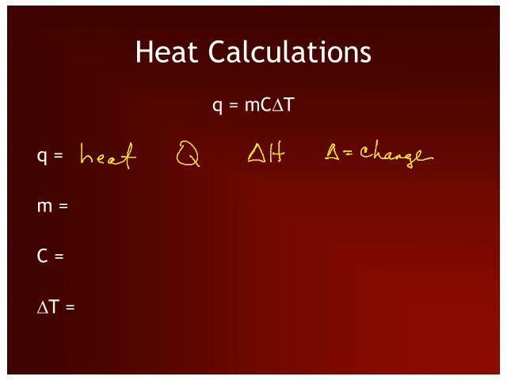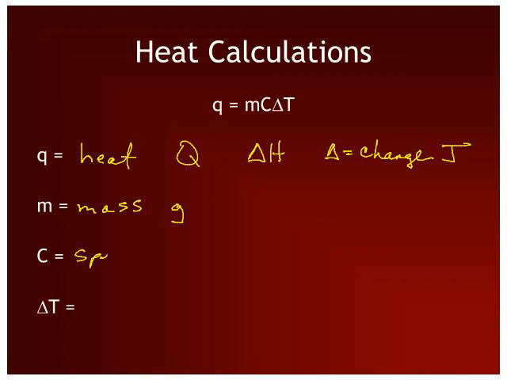Frequently though, it's a small q and it means heat. M is for mass, and it is going to be measured in grams. Oh, and I forgot to mention that heat is measured in joules. So heat's in joules, mass is in grams.